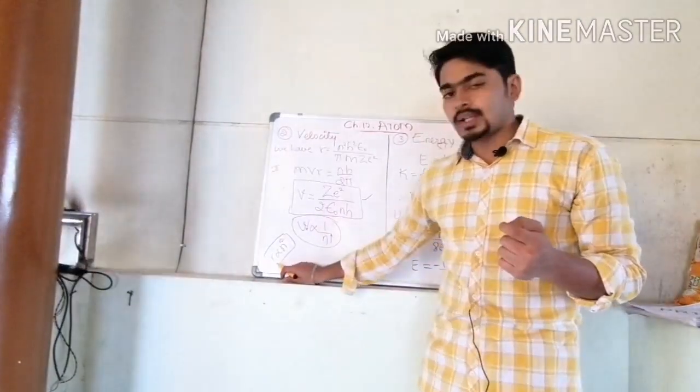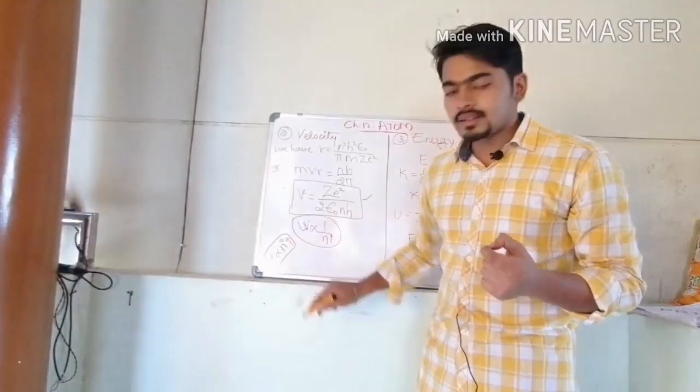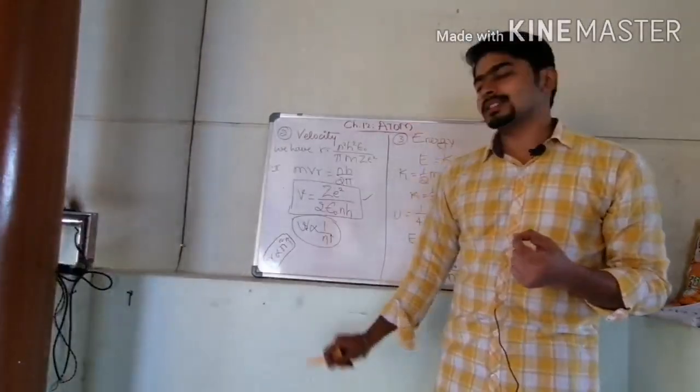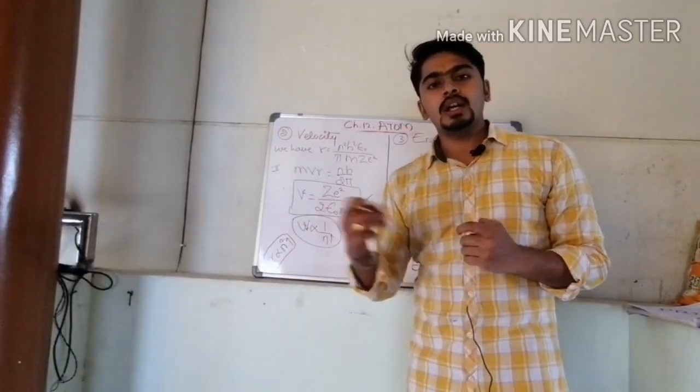But with respect to radius, as the number of orbits increases, radius also increases. Both are directly proportional. Here velocity is inversely proportional to the orbit.